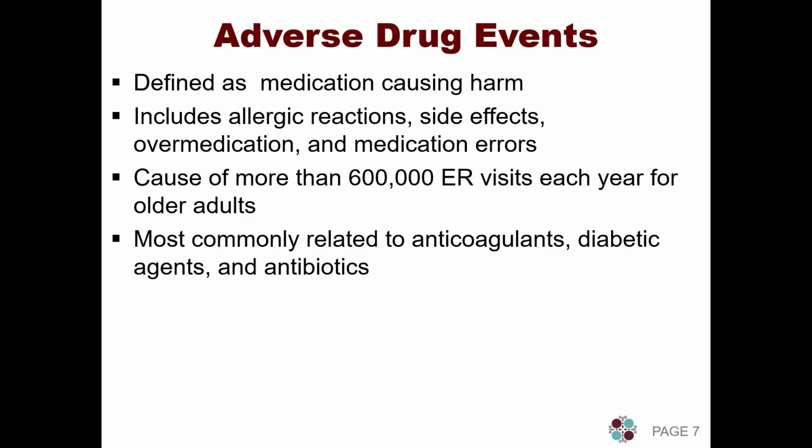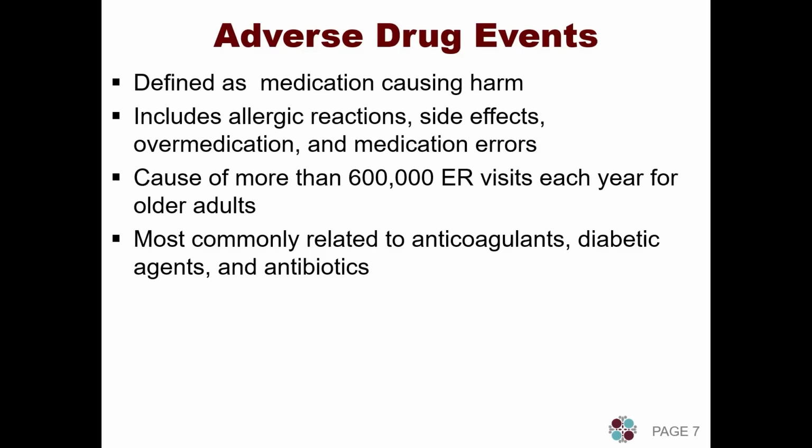Now, some things like allergic reactions or side effects we may not be able to control for, but if we had information that helped us know about the ingredients of a medication, for example, we may know not to take that medicine if we're allergic to those ingredients. Or if we had information about the possible side effects, we might know to contact our doctor sooner if we experience any of those side effects.